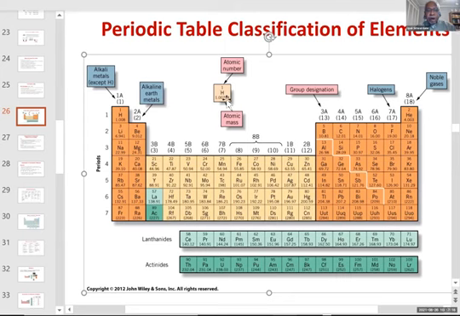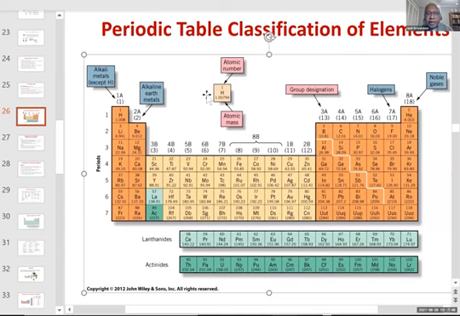Each box in the periodic table contains an element. Each box has a different element. The first box here is represented here. The first number on the box is called the atomic number. It's the number of protons in the nucleus. The second item, the letter given as a symbol, is the atomic symbol for the element.